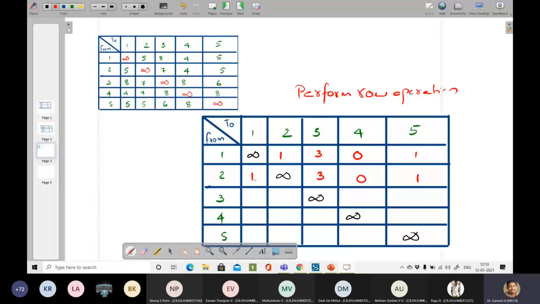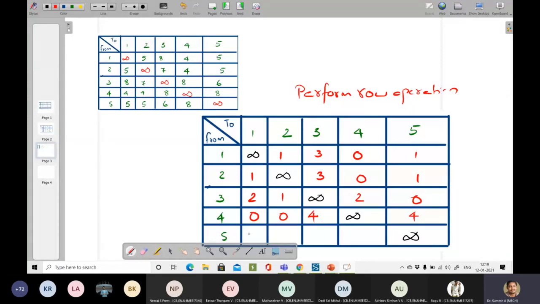1, 2, 0. Next one, 4 is the lowest. So 0, 0, 4 and 4. Next one, 5 is the lowest. So 0, 0, 6, 1 and 8 is 4.